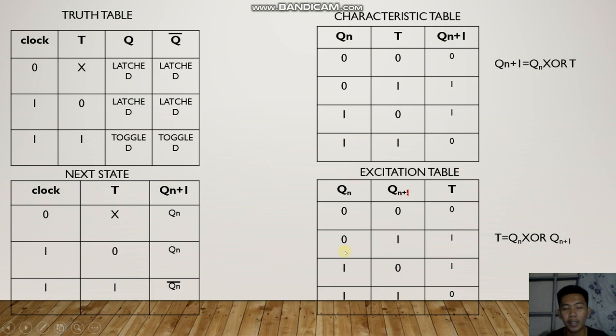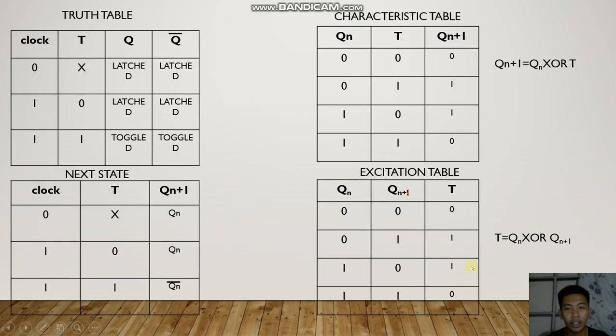If our Qn is 0, our Qn plus 1 is 1, our T is 1. If our Qn is 1, our Qn plus 1 is equal to 0, our T or toggle is equal to 1. And we have Qn of 1, Qn plus 1 of 1, our toggle is equal to 0. So in summation of this excitation table, T is equal to Qn XOR Qn plus 1.